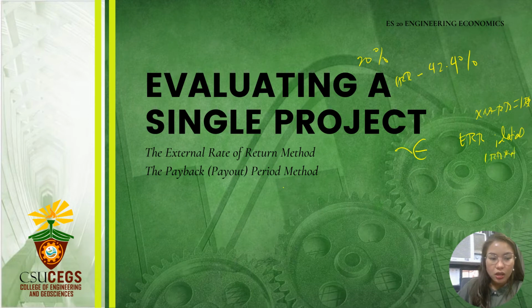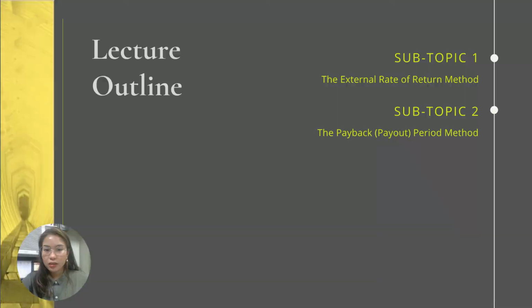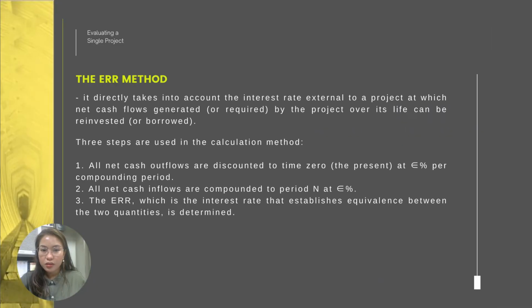In general, three steps are used in calculating the procedure. Here are the steps. First, all net cash outflows are discounted to time zero, the present, at E% per compounding period.